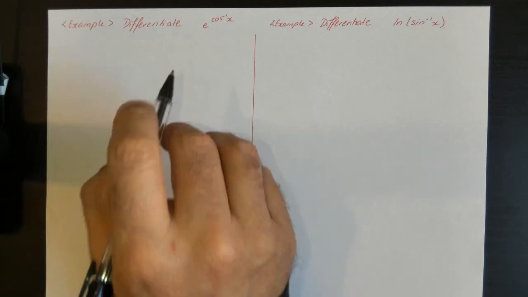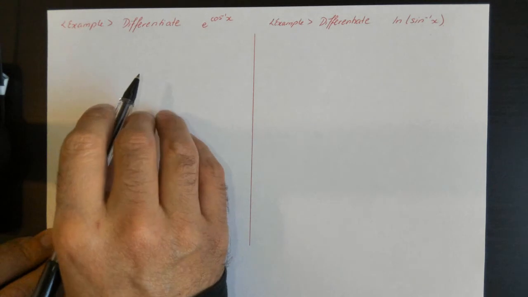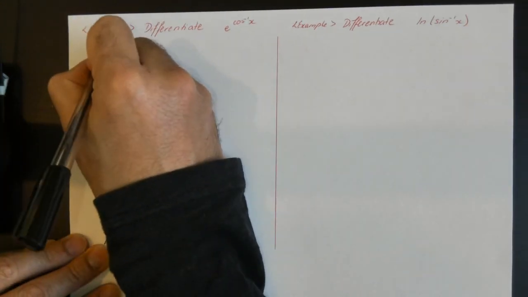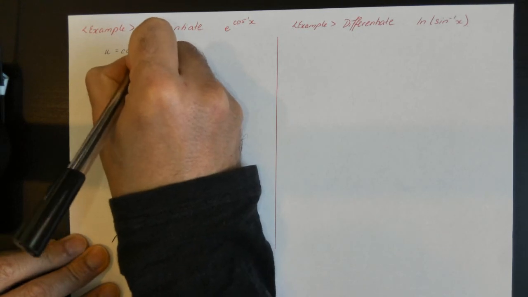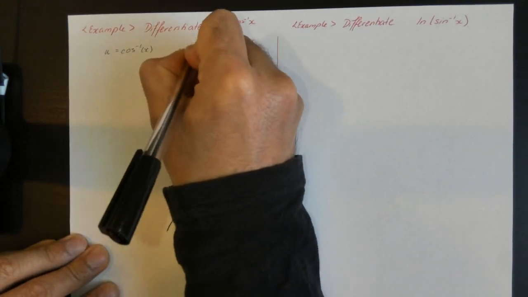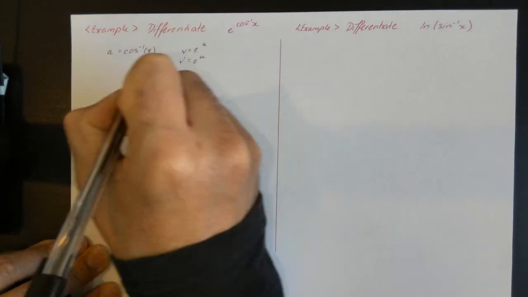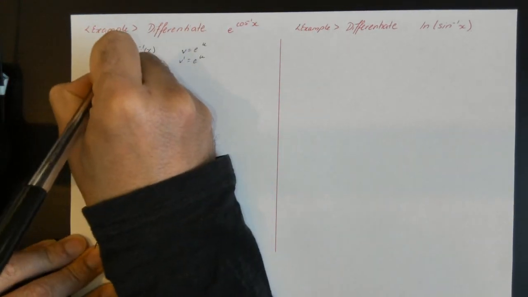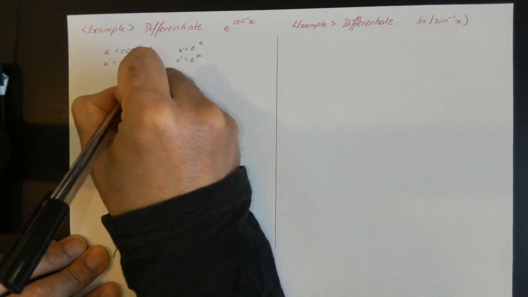All right. Same thing. We want to differentiate e to the power arc cos x. So let u be arc cos x, and v is e to the u. Differentiate v, still gives us e to the u. Differentiate u, we get negative 1 over the square root of 1 minus x squared.